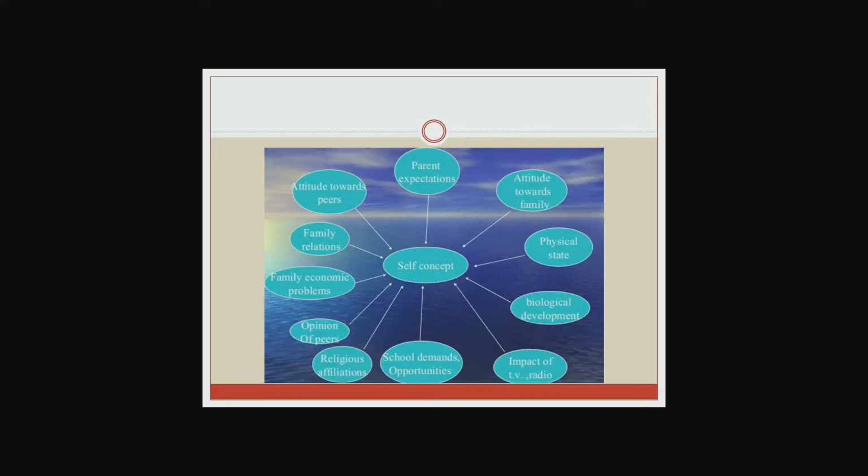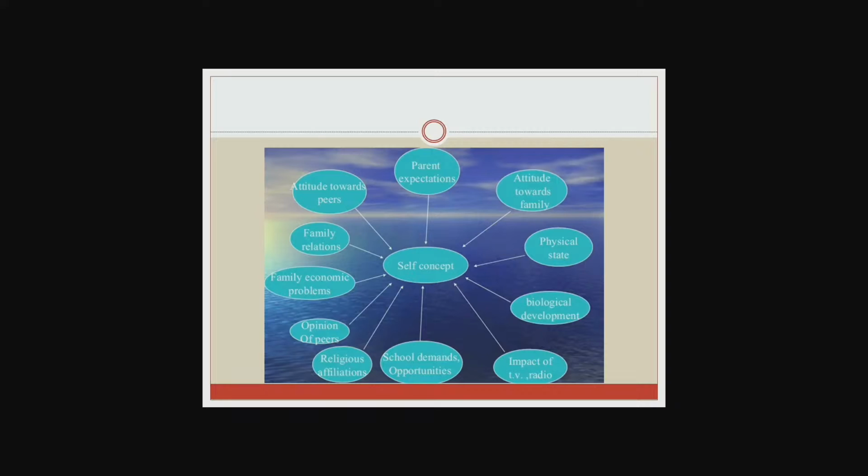Many of the time it is the physical state of the individual because of some syndromic or biological development, maybe a lack in the development, maybe late puberty, maybe an impact of social media like audio-visual media, the radios, then the school demands from peer groups, then the religious look. Many of the time the Chinese people want a long chin, so this is a religious look.